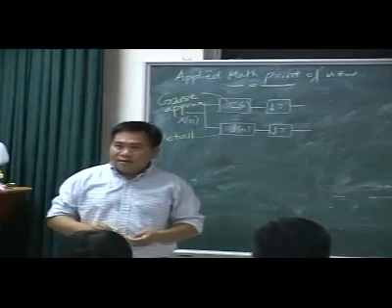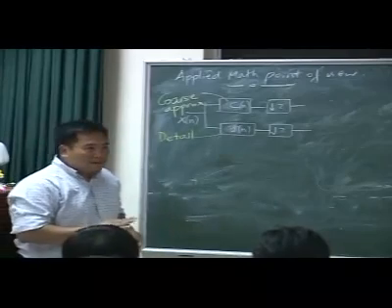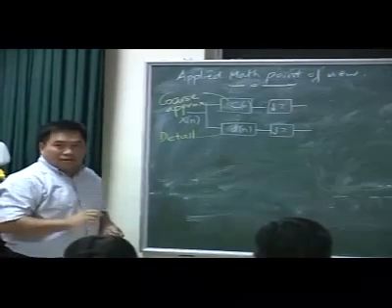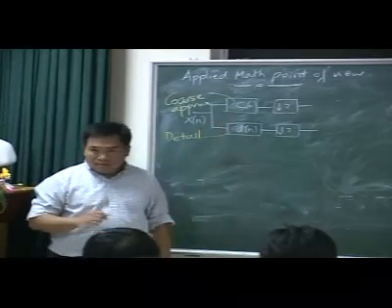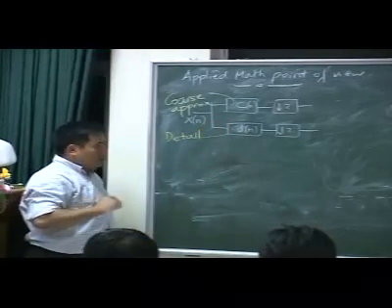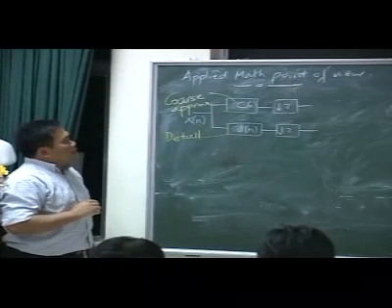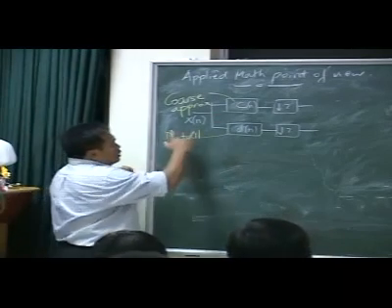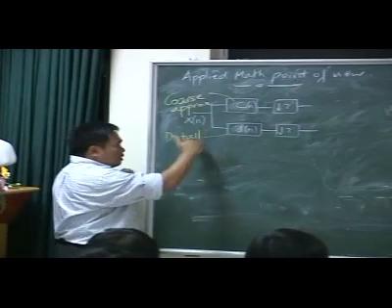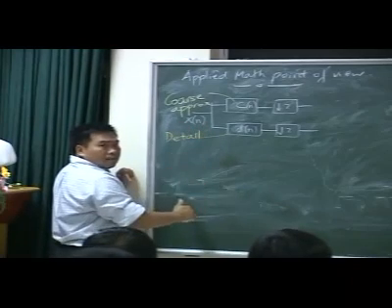Applied math doesn't know Fourier transform, doesn't know Z transform. So all the derivation here is based on the time domain. What we'll do next is take a vector x.